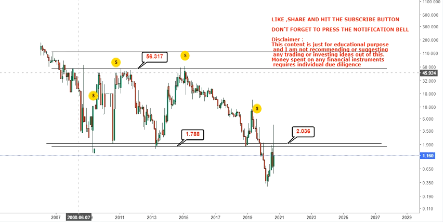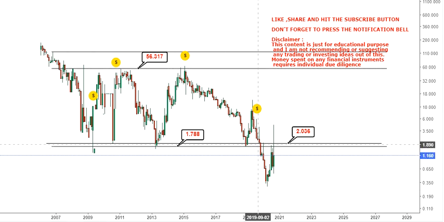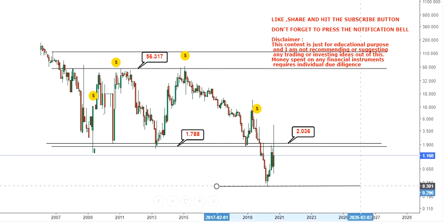Now what has happened is that the stock has been consolidating inside the range since 2007 till 2019, where it fell below the trading range and technically broke down, and made a new low of 0.29.